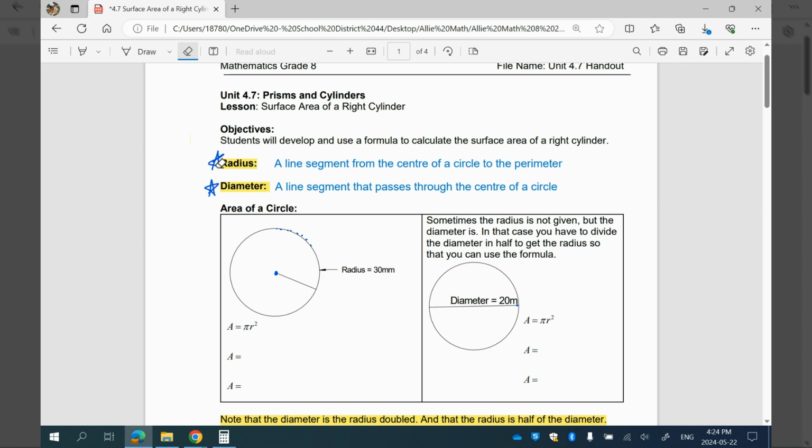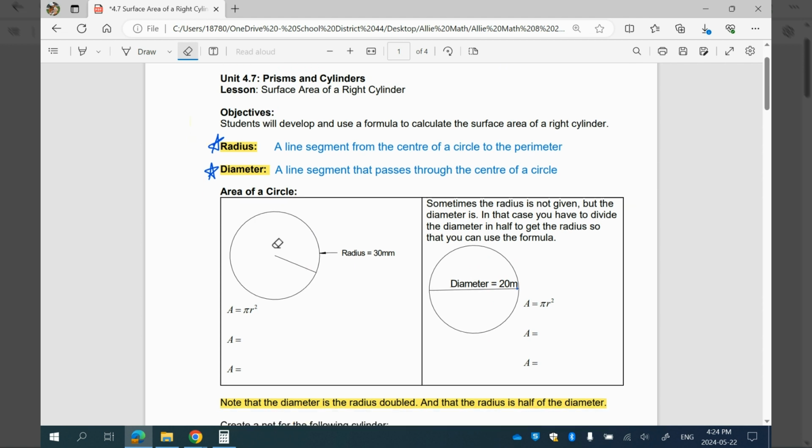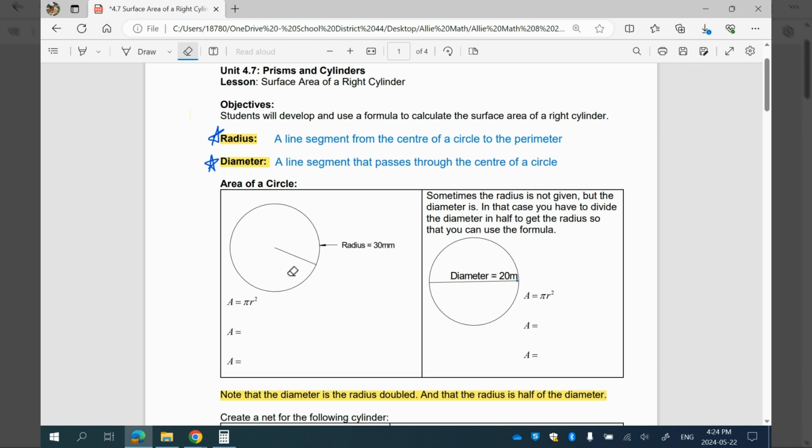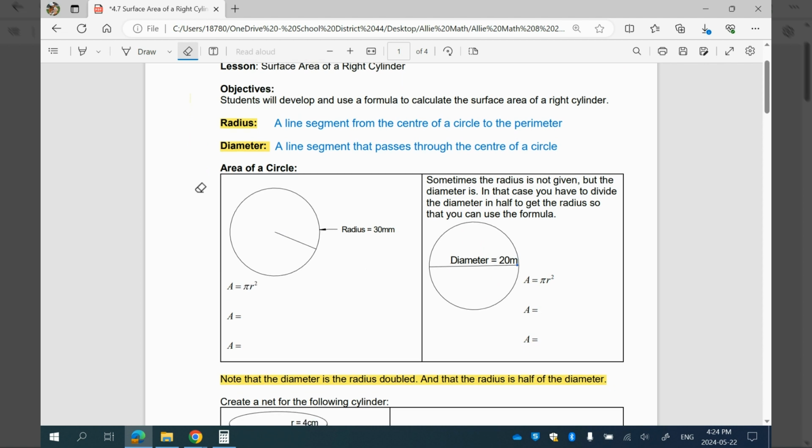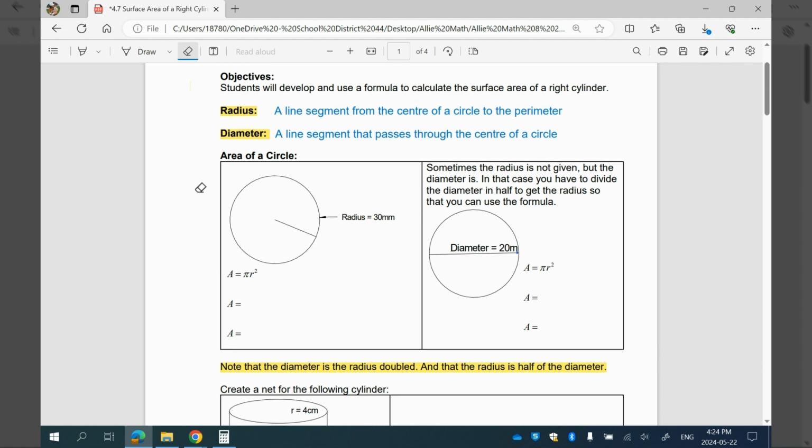And so to find the surface area of our cylinders, we're going to need to deal with some radius and diameter. You'll need to be able to go from radius to diameter and diameter to radius, and you have to know how to use a formula. So let's start. Part of finding the surface area of a right cylinder is being able to find the area of a circle.